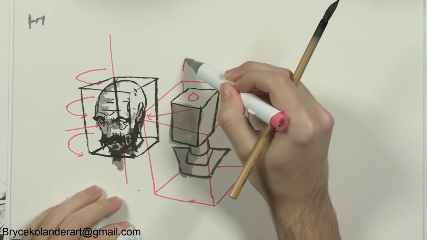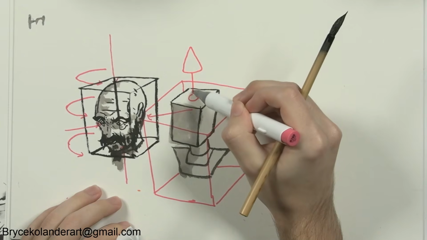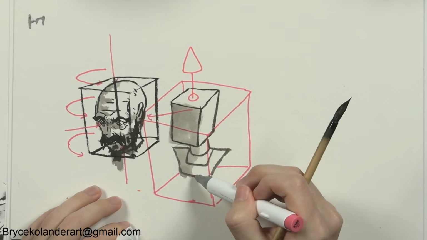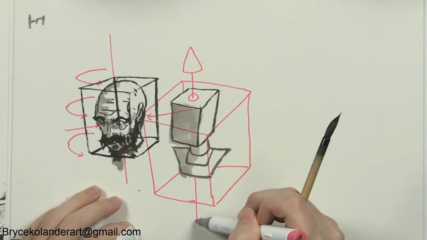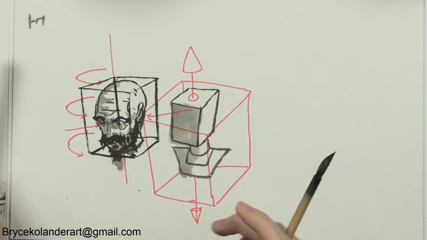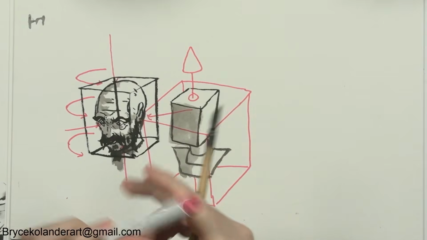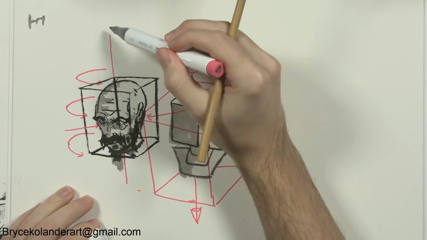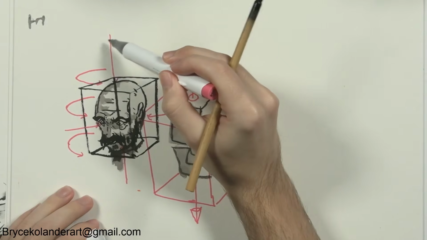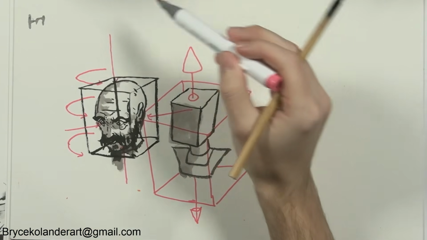So if this is his center going through, and then basically this is his center going through this way. So what I could do from here is I have like two options.